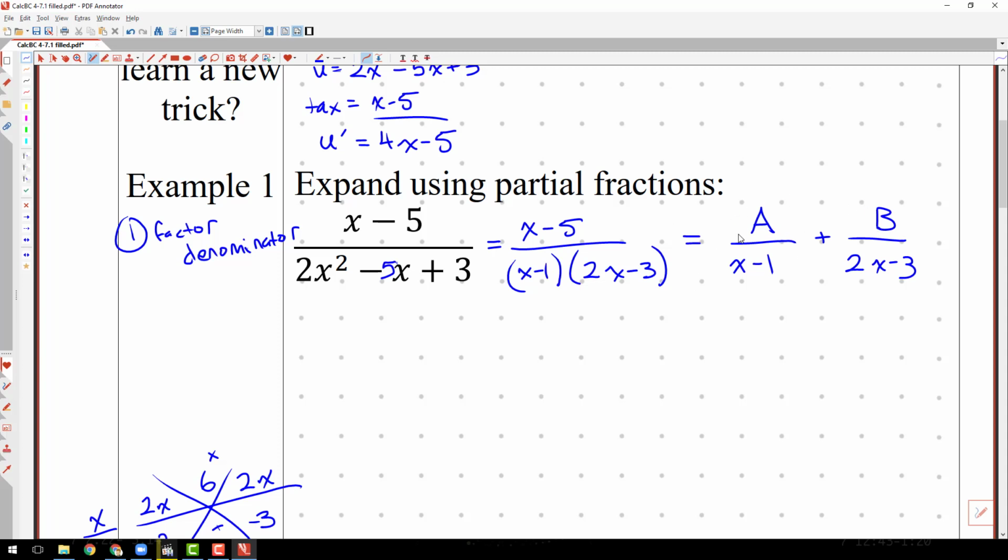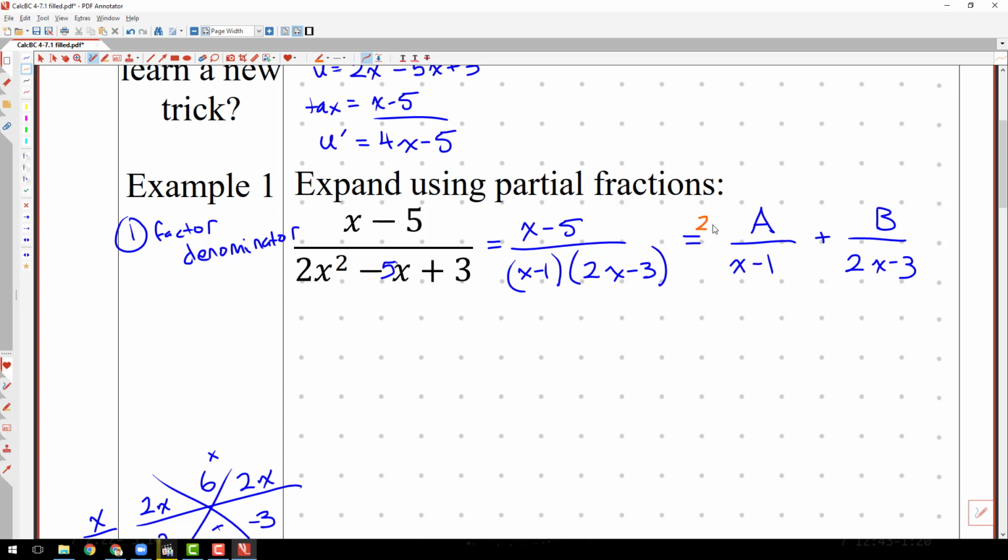That's kind of the key step, and now we just have to do a bunch of different algebra tricks that you have already seen before, but maybe with a few more tricks sprinkled in here and there. So how are we going to solve it? The first step is I want to combine like terms on the right. I want to add those two fractions together, and in order to do that I need like denominators. These denominators are obviously not the same, so in order to get them the same I'm going to multiply this top left fraction by this 2x minus 3.